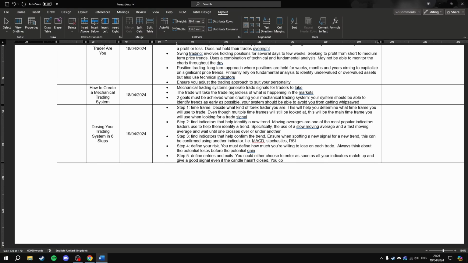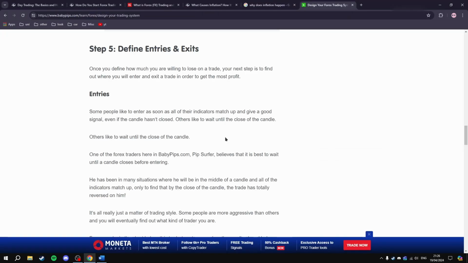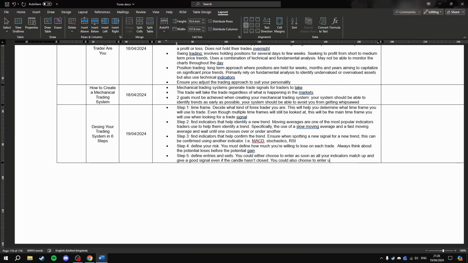You could also choose to enter after the candle has closed.